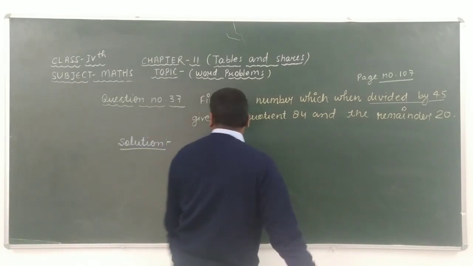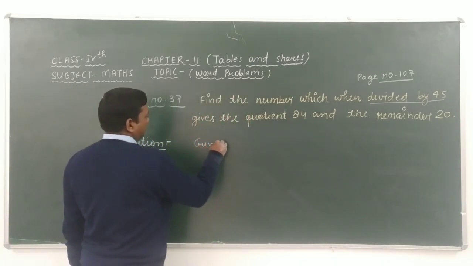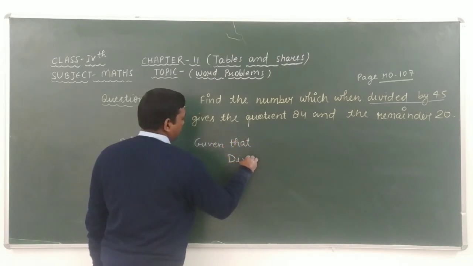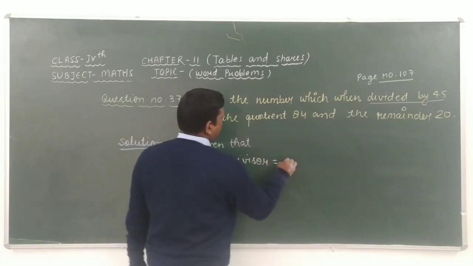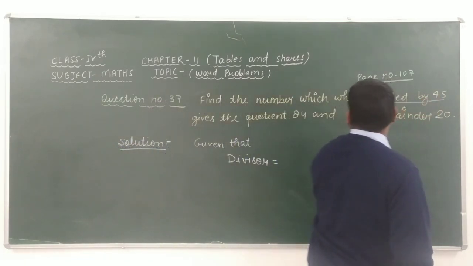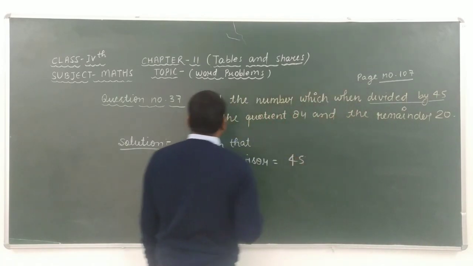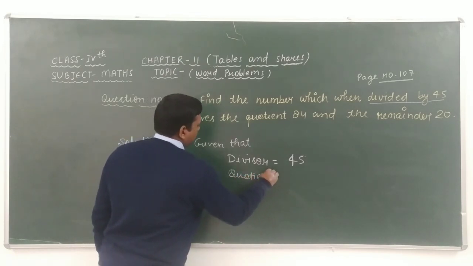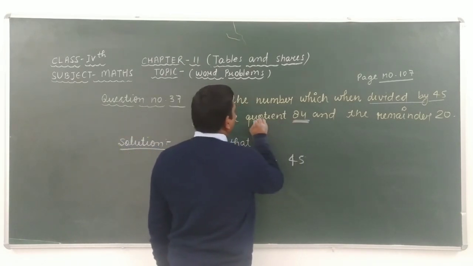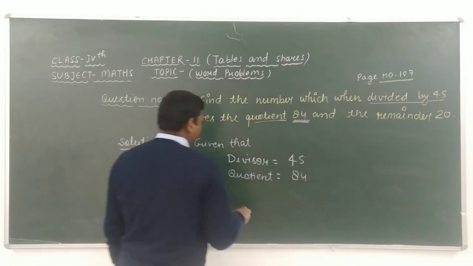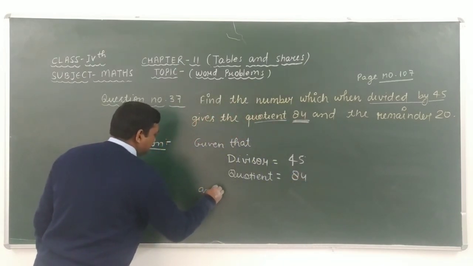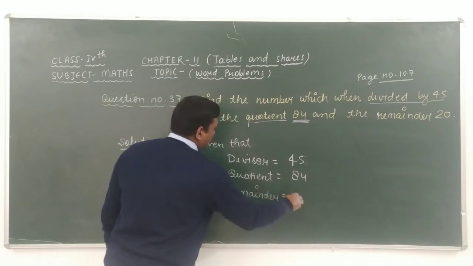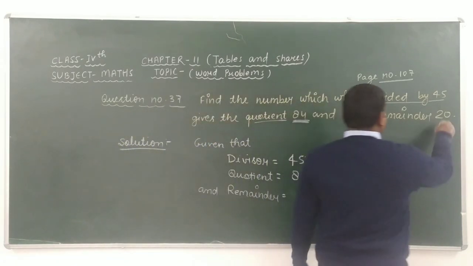Here it is given that the divisor is equal to 45, the quotient is equal to 84, and the remainder is equal to 20.